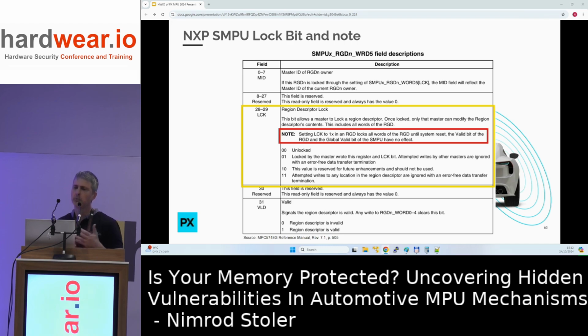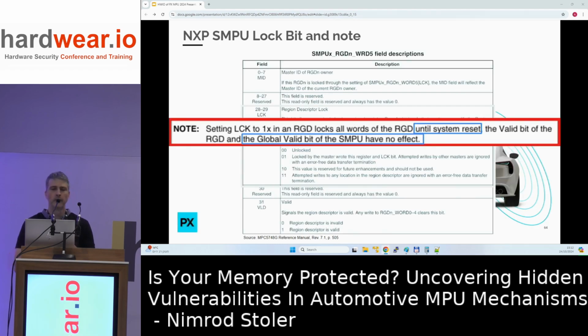So in region descriptor word 5, we find the lock bits, and their functionality is quite similar to the read-only bits. They lock the region descriptors against writing once they are set in order to prevent manipulation of the region information. And as you can see there in red, there's also a note.